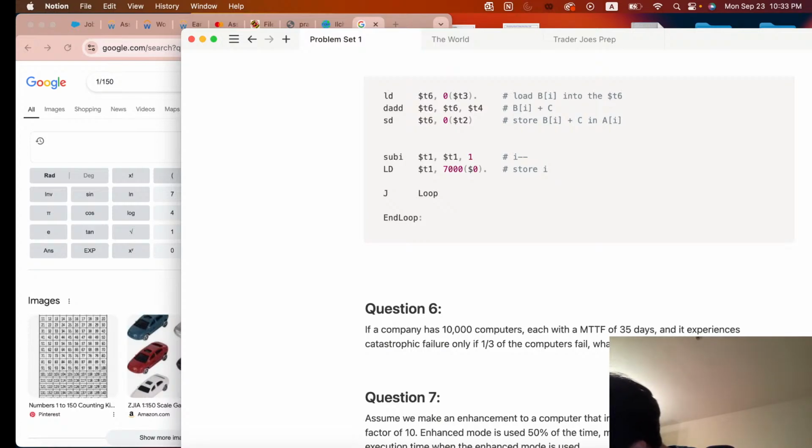S is the speed improvement. .5 divided by 10.